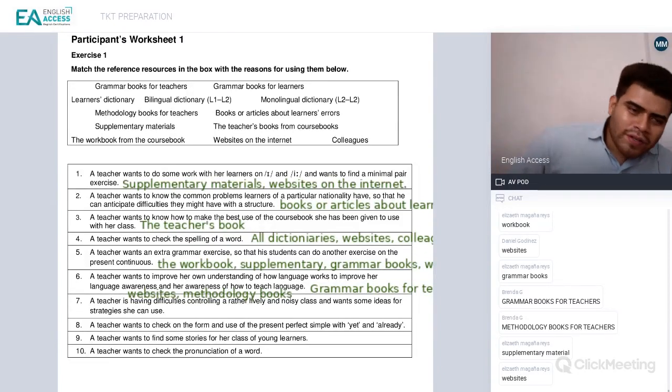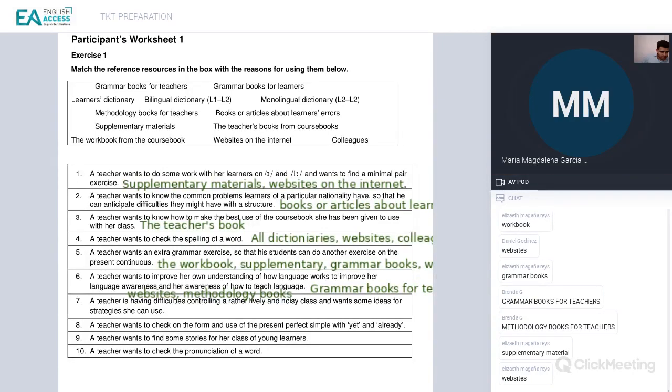Seven, Magdalena? Yes. A teacher is having difficulties controlling a rather lively and noisy class and wants some ideas for strategies she can use. Very good. Maybe methodology books for teachers.